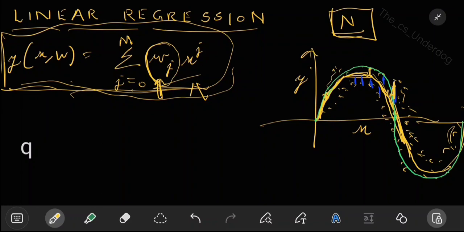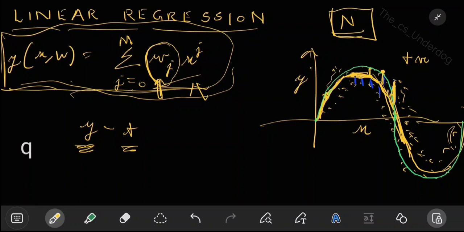Here, if you simply take the sum of distances, what will happen? Just think. If you simply take the sum of distances, for a point which lies above this, it would be positive. I meant the distance, that is, the difference. How would you find this distance? That would be y minus t, where y is what you derived from your equation, that is, the line that you're considering, and t is what you actually observed.